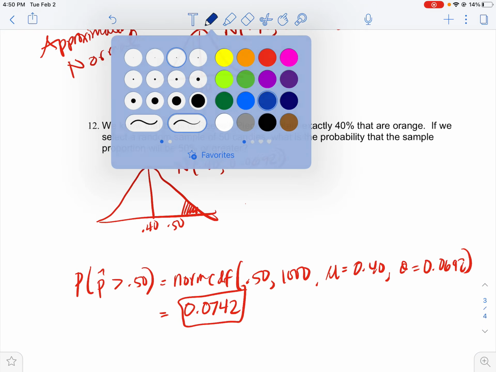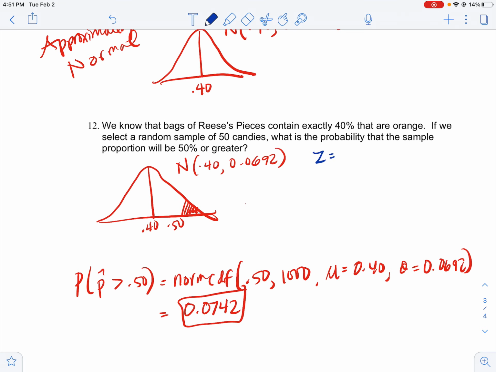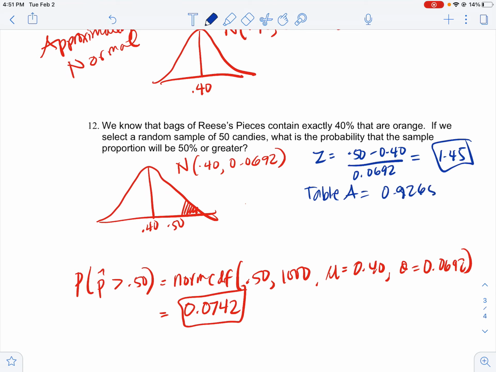Okay? As an alternate, you can also use your table. So let's use the table. That's z equals x minus the mean, so 0.50 minus 0.40 divided by 0.0692. That is 1.45. You go to table A. 1.45 to the left is 0.9265. But you don't want to the left because you want the right side.